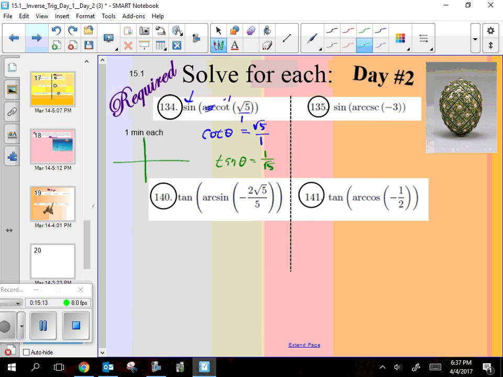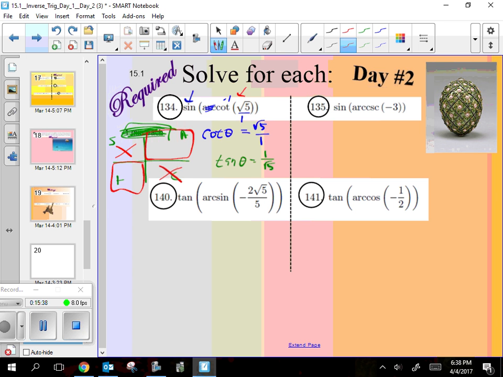Tangent of this angle is positive. All students take calc. And if tangent is positive, that means it's got to either be here or here. Can't be here, can't be here. And then since this was an inverse question, there's limits on tangent.